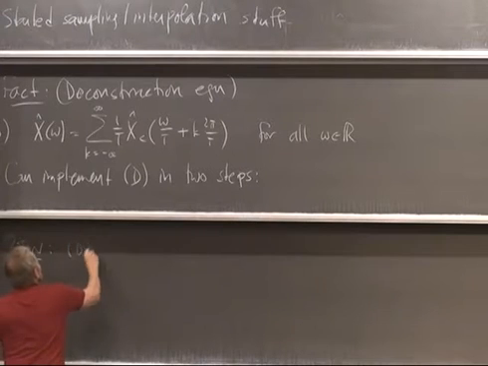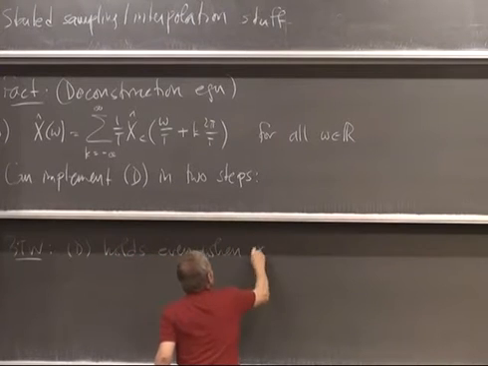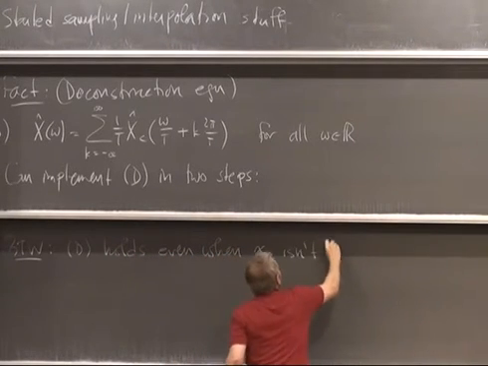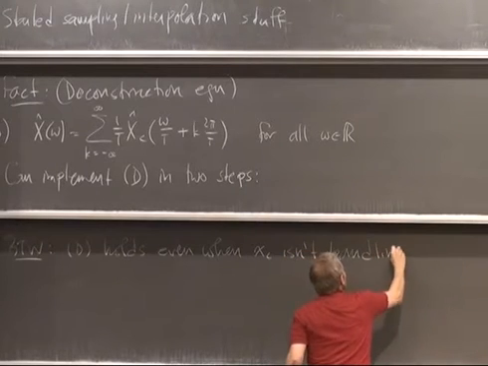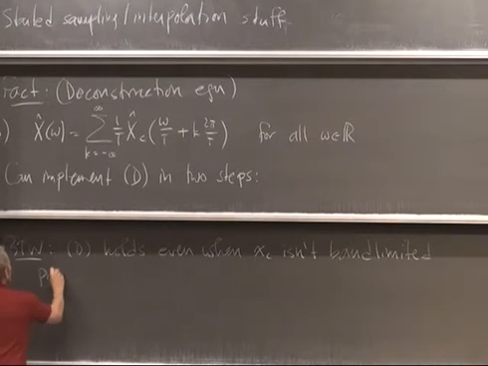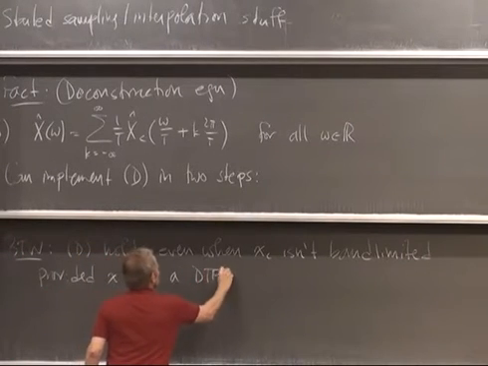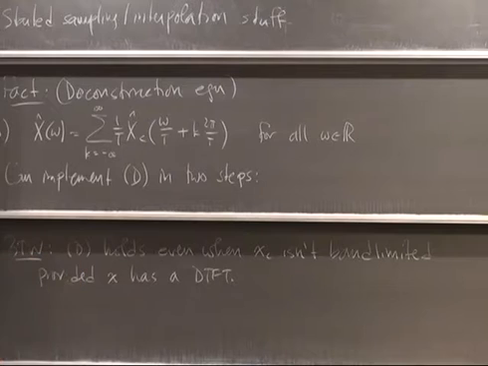So d holds even when x sub c isn't band-limited, provided the discrete time signal x has a DTFT. Even though the majority of applications we're ever going to look at concern band-limited continuous time signals that we sample in this way, this equation holds essentially under all circumstances.